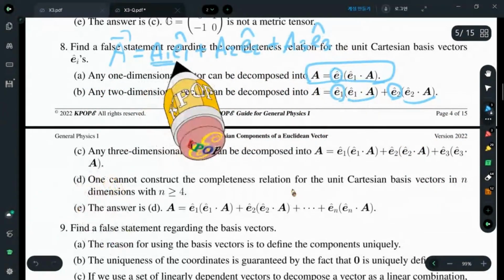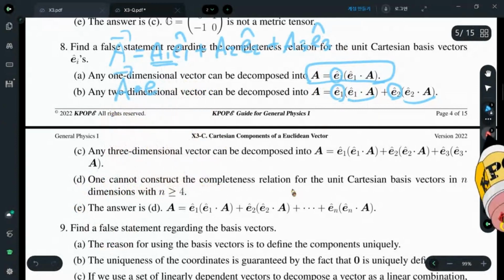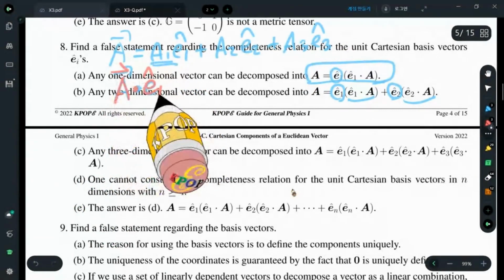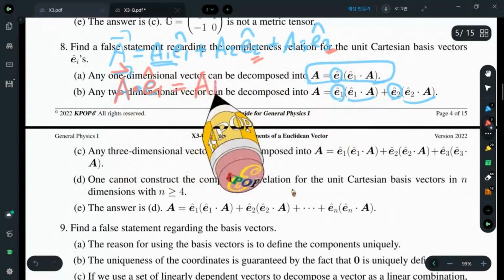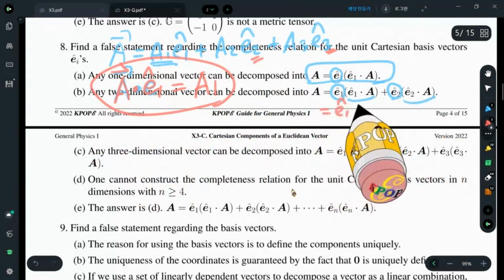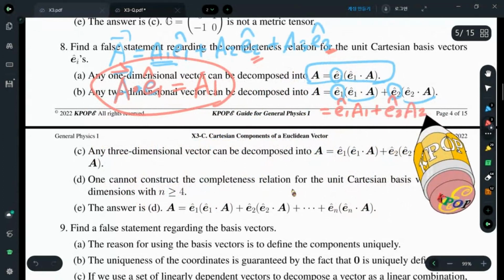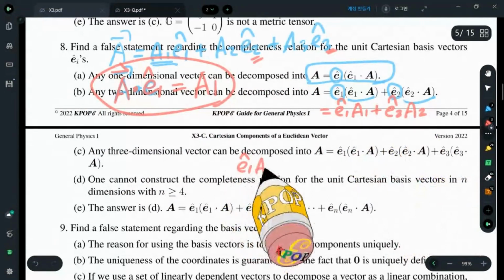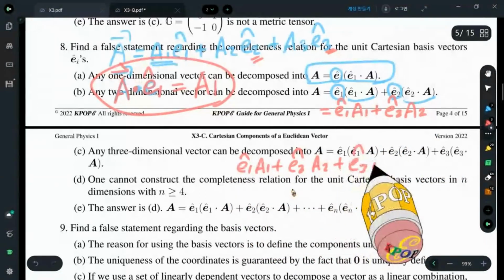What is A1? How can I find A1? Just multiply the unit vector E1 in here. Then E1 kills the 2, 3 components, and what I get is A1 only. So this expression is nothing but E1 hat E1, E2 hat A2, something like that. In 3 dimensions, it is E1 hat A1, E2 hat A2, E3 hat A3.